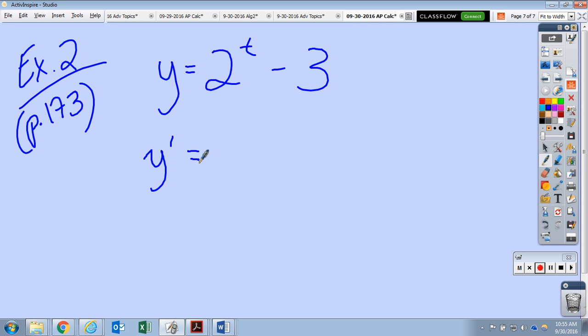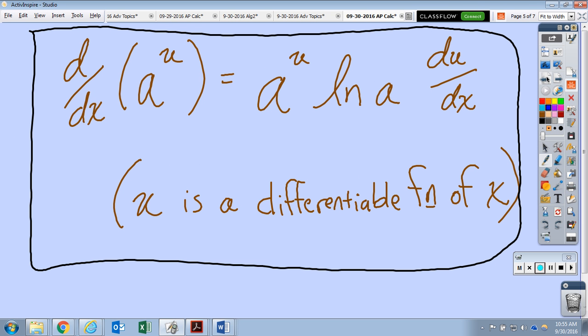So the derivative of this, according to the formula, is 2 to the t times the ln of 2 times the derivative of that with respect to whatever variable we're concerned about.